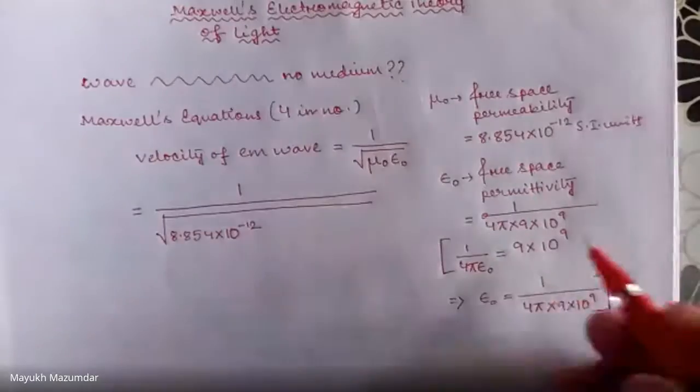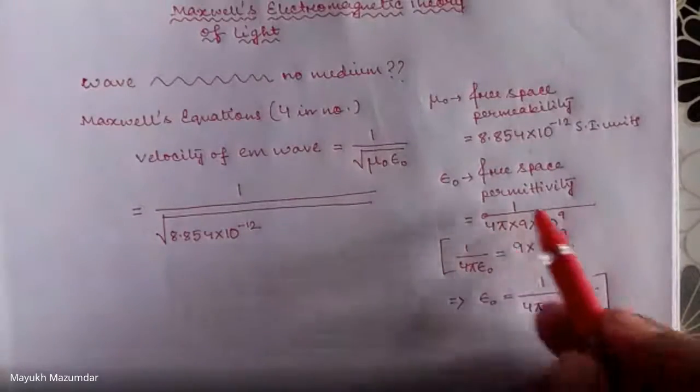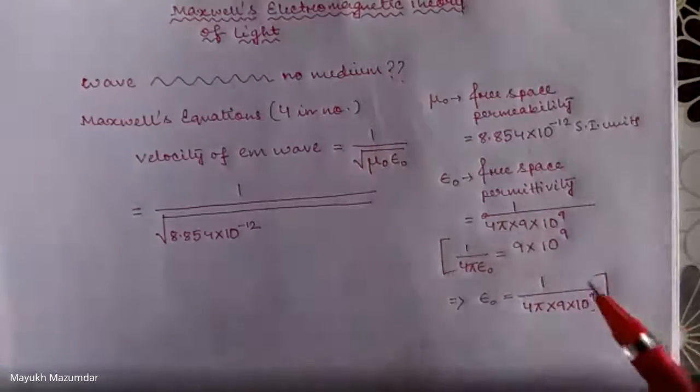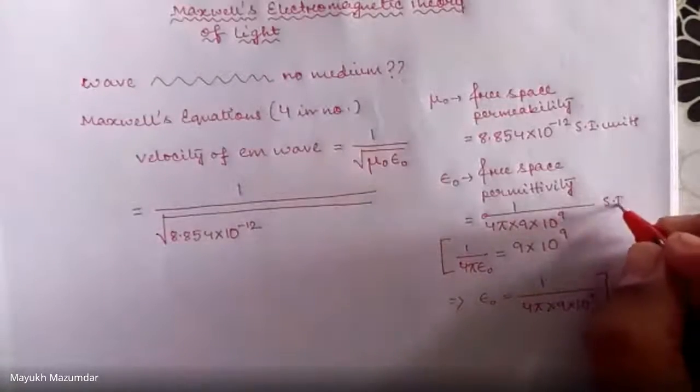Is my screen visible? Is everything fine? Yes, sir. Okay. Simply put the values here. What happens to the velocity if I put all these values? These are approximate values. Can someone quickly calculate this value? How much it is coming? SI units.